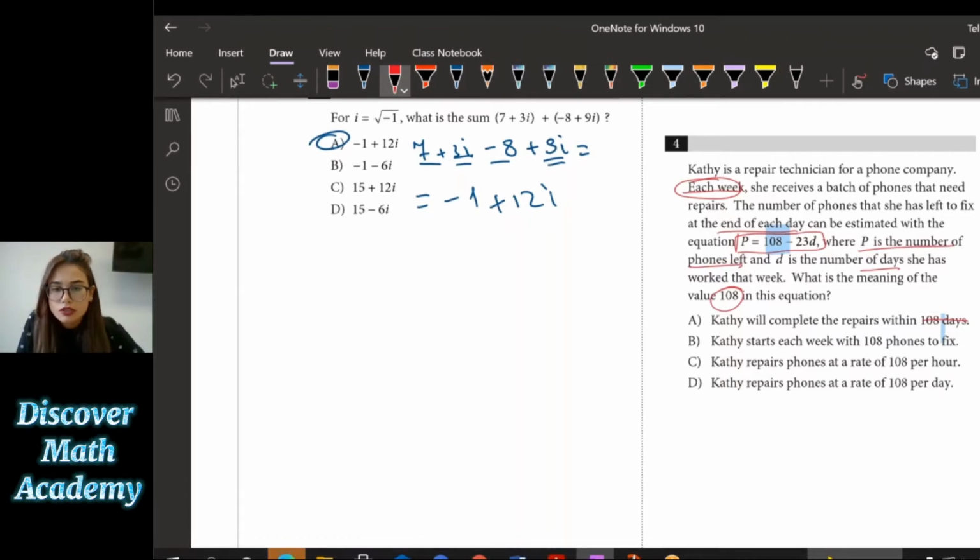So Katie starts each week with 108 phones to fix. Yes, it's gonna be the answer. Let's look at C and D. Repaired phones rate, and D also rate. Rate is slope. If they ask you about this 23, it's gonna be rate, okay? But they don't.